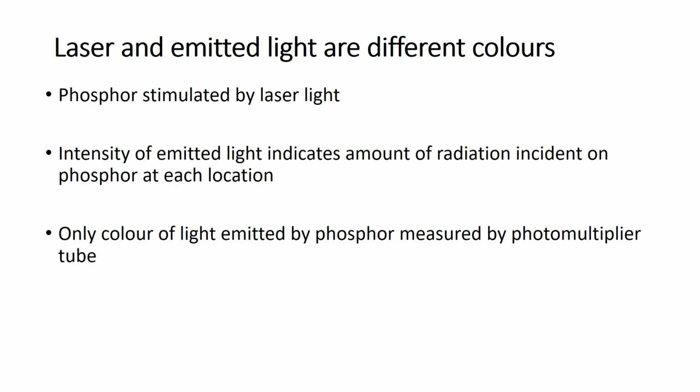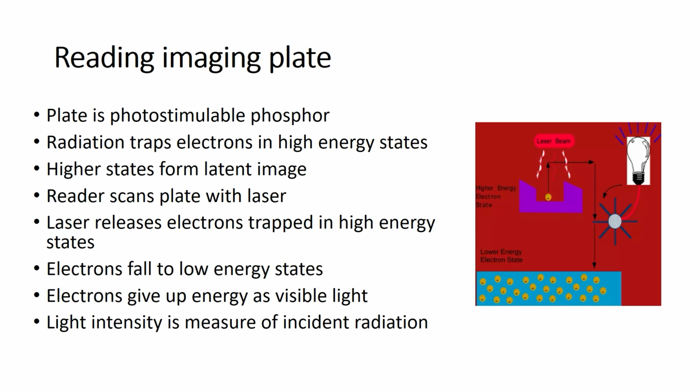Then the intensity of the emitted light indicates the amount of radiation incident on the phosphor at each location. Only the color of light emitted by the phosphor is measured by the photomultiplier tube.